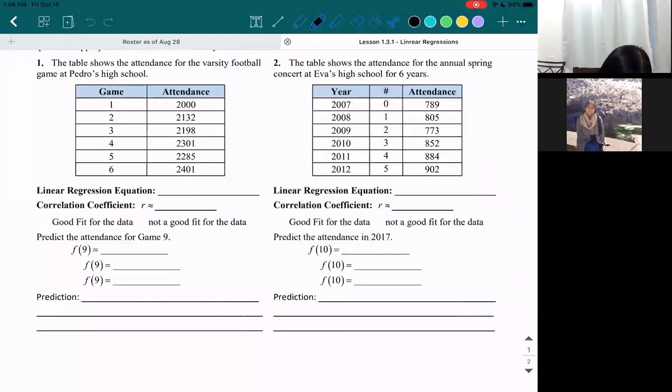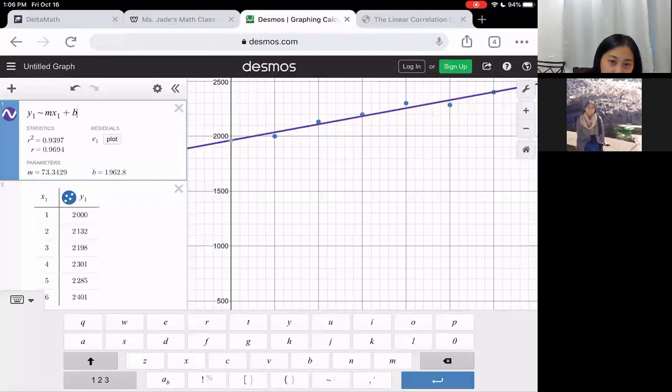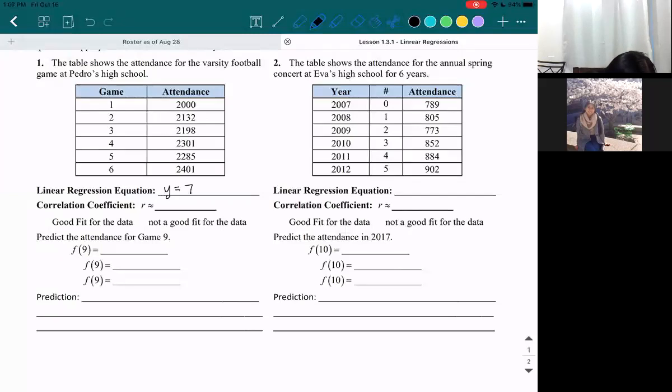Our linear regression equation is y equals mx plus b. So I'm going to write y equals, and the m value they told us is 73.34. Remember the m value they gave us right over here is 73.34. Rounding it to the nearest whole number, like our instructions said, this would be just 73. 73x plus, and then we need our b value.